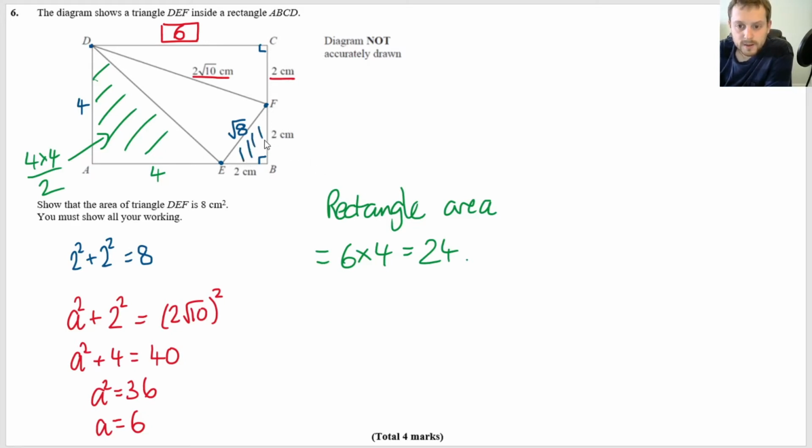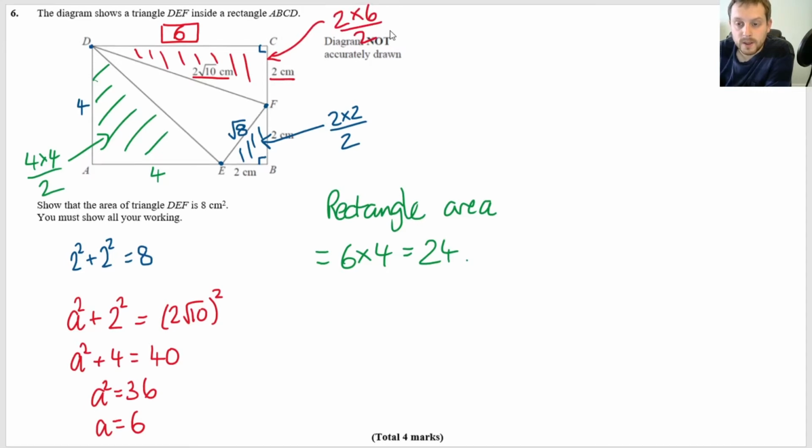This area is 2 times 2 and then halve it. And finally, this area is 2 times 6 and then halve it. So 4 times 4 and then halved is 8.